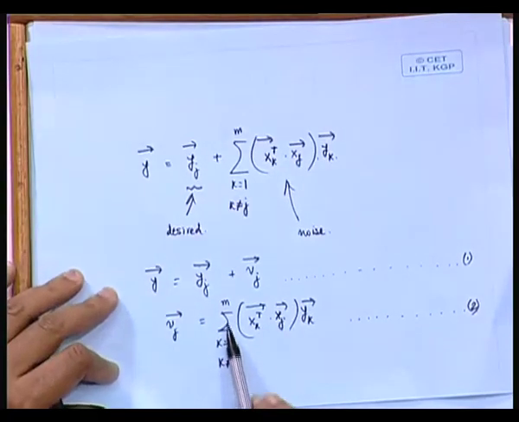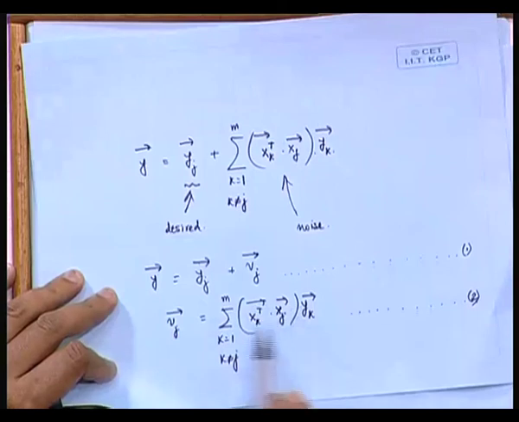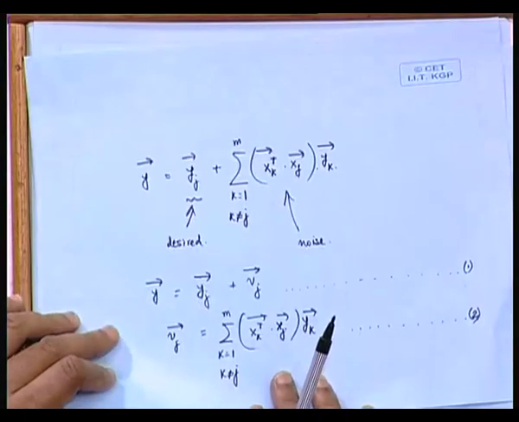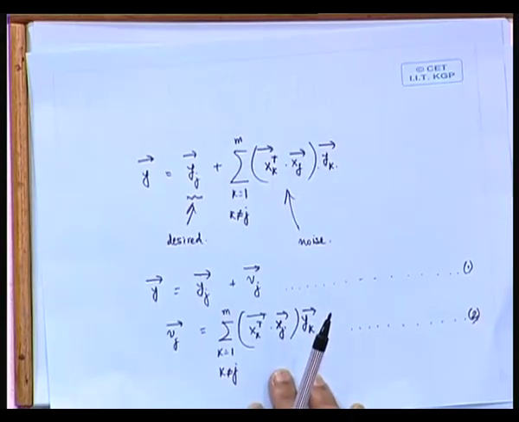Why? Because you just see this expression, k is equal to 1 to m, we are already taking. That means this orthogonality condition must be valid for all. Is it clear? xj is not some particular set, it's not necessary to be a subset of xj; both xj and xk belong to the key set x key.